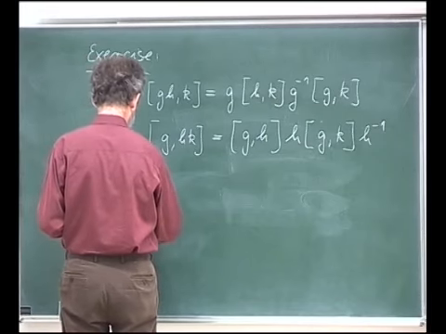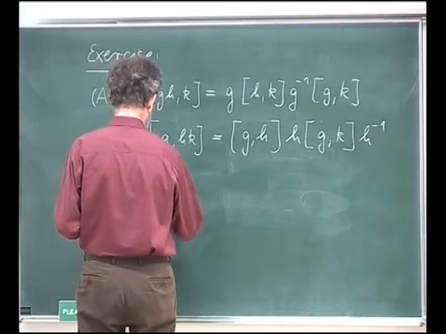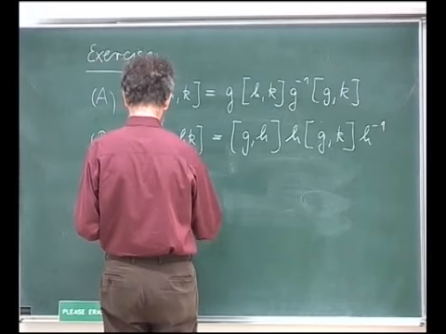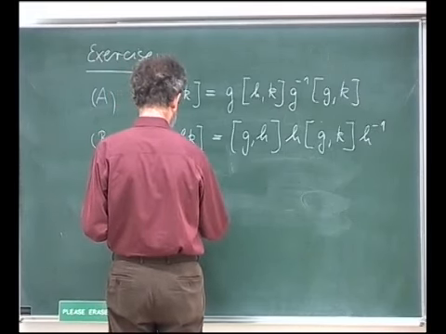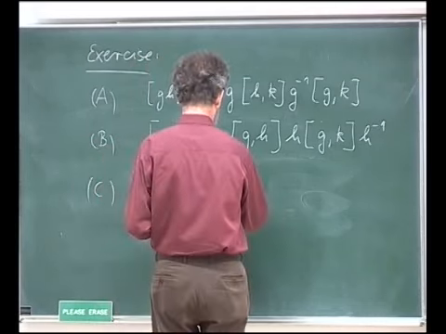So this is how the commutator behaves with respect to a product in one component, and then the most complicated one is somehow the non-commutative version of the Jacobi identity, and we need it for this purpose.